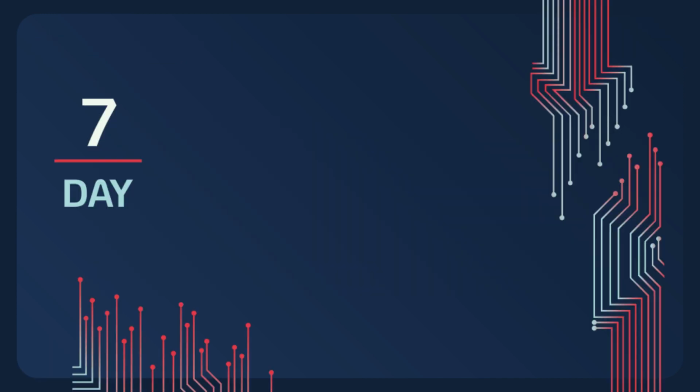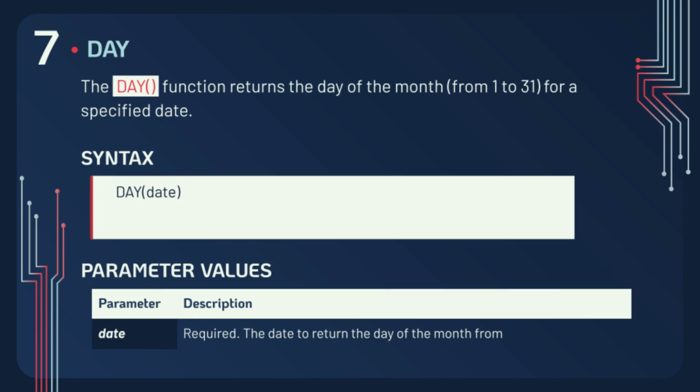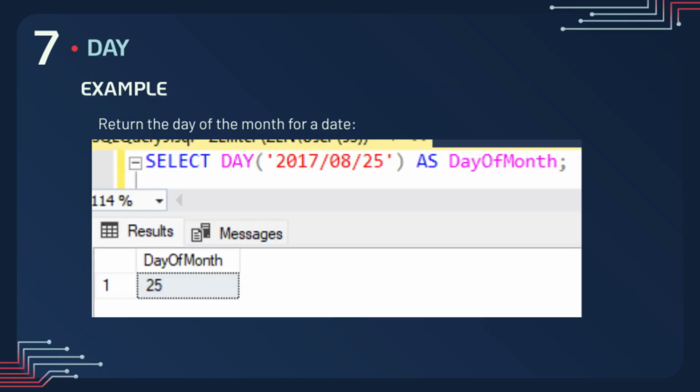We are now here at DAY. The DAY function returns the day of the month from 1 to 31 for a specified date. The syntax is DAY(date). The parameter value is only one, the date. Here's an example. SELECT DAY(2017-08-25).